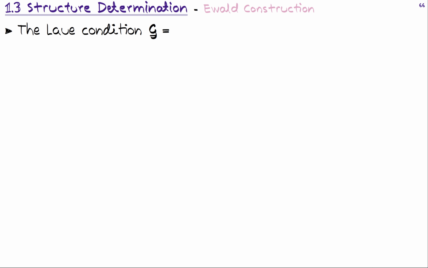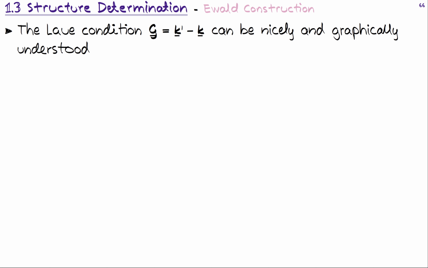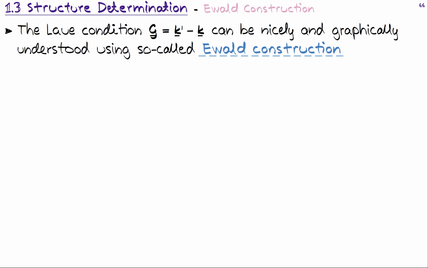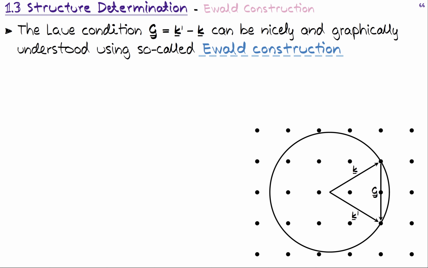So we have the Laue condition, capital G equals k prime minus k, and we can really graphically illustrate what this condition means. And how we can do so is that we can make use of a so-called Ewald construction. And this is a picture that hopefully highlights what happens in this procedure and how we make this Ewald construction.